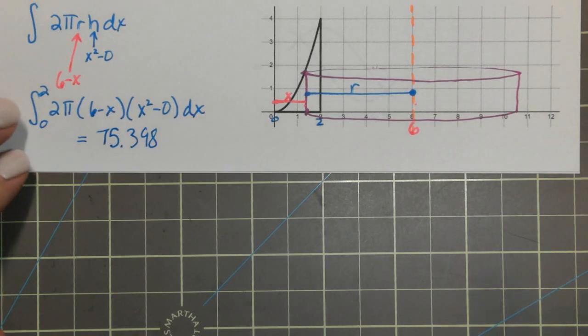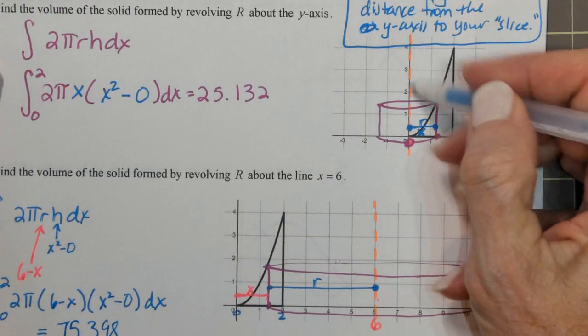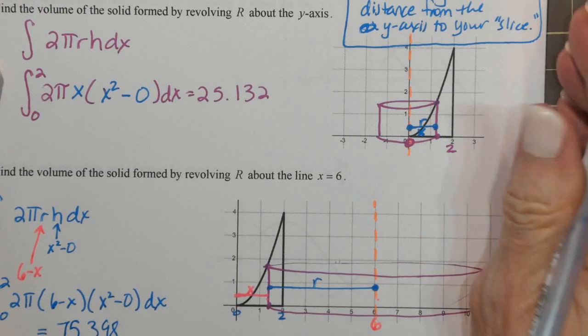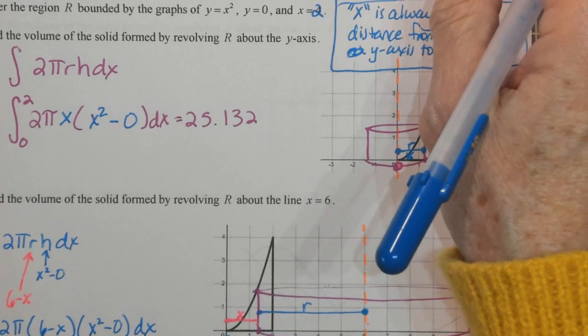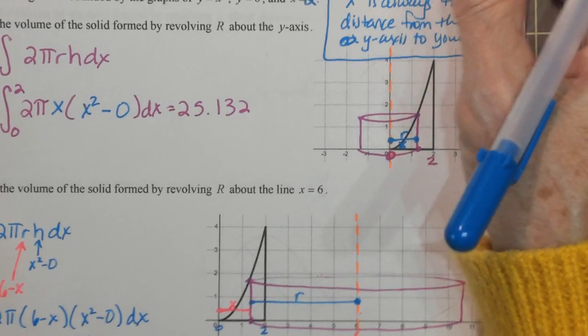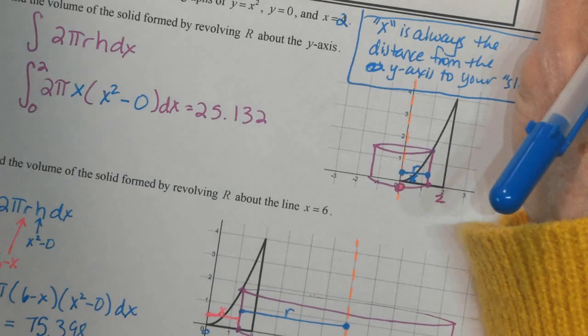So notice in each of these we have these vertical axes of revolution, and that's when I use the cylindrical shell method. Even at that, sometimes I still go back and use the disk and washer method.